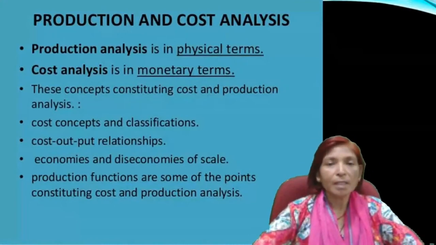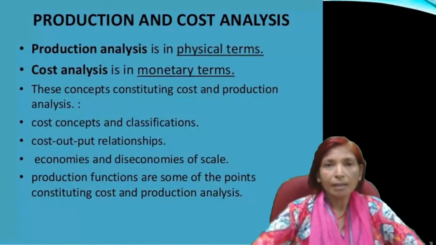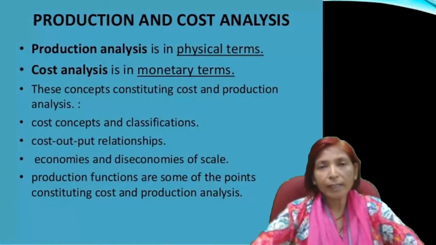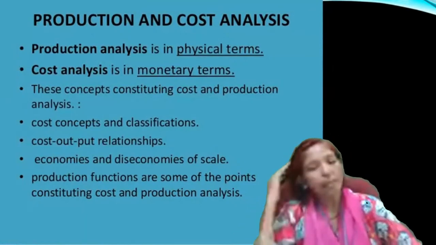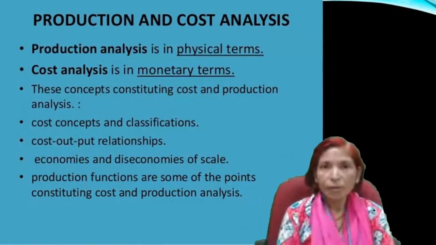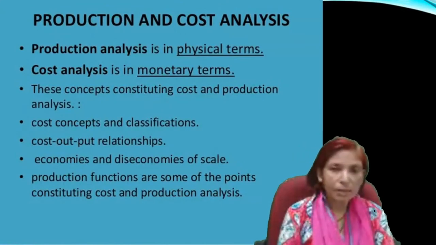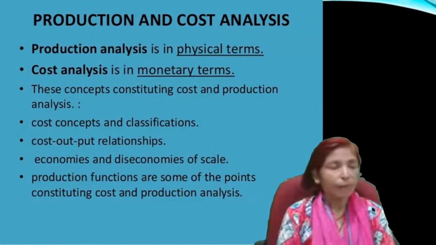So these concepts constituting cost and production analysis. In cost concept, we will study about what is the meaning of cost and what are the different types of cost, and we will classify the different types of cost and what is the relationship between cost and output. Economies and diseconomies of scale. What is the meaning of economies of scale? Economies means benefits of scale.